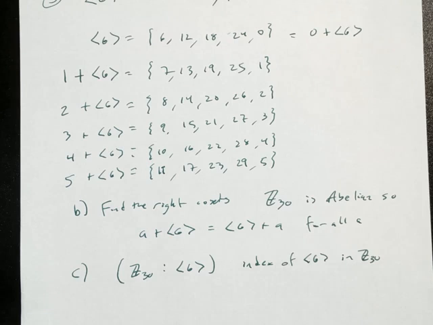What is an index? That's the number of cosets that we can use. Which in this case, I've already listed them. I know exactly how many left cosets I have. I got 6.